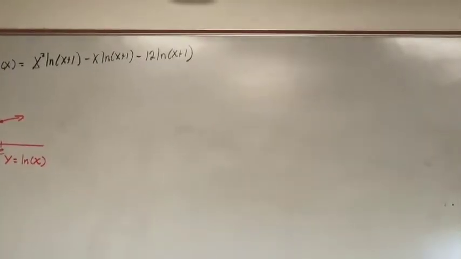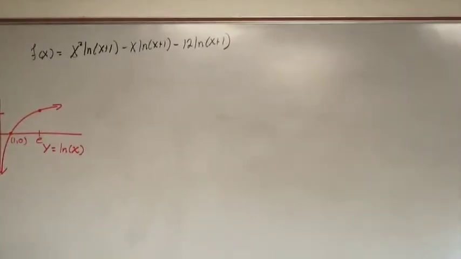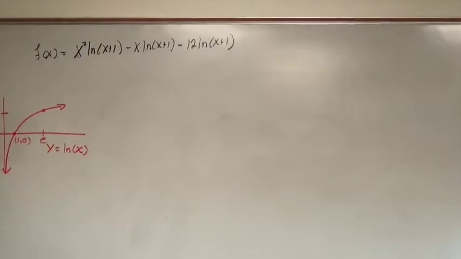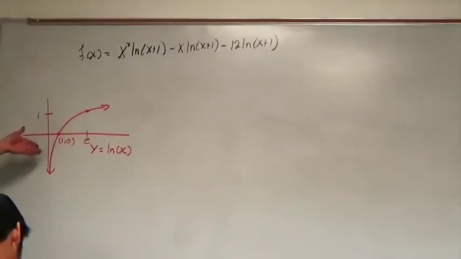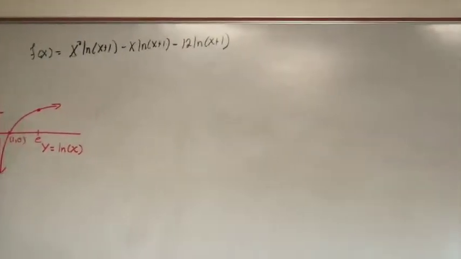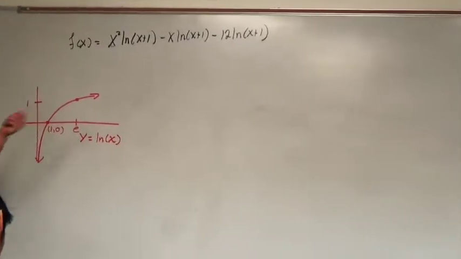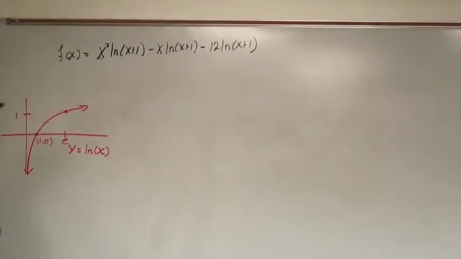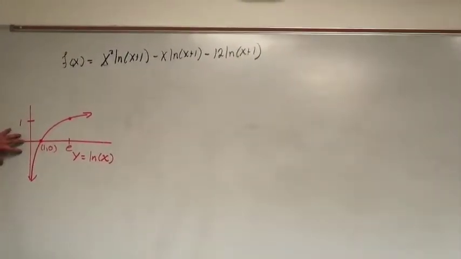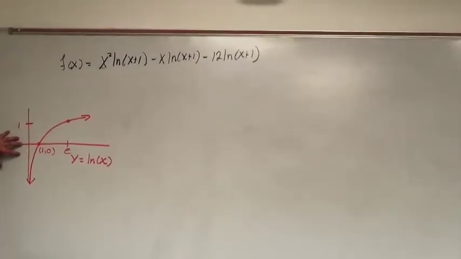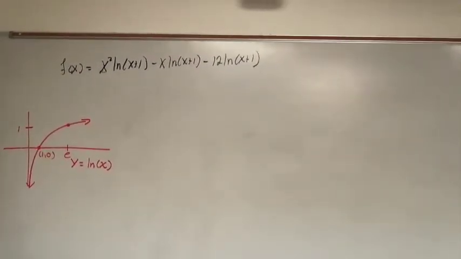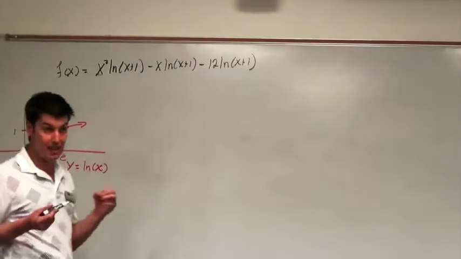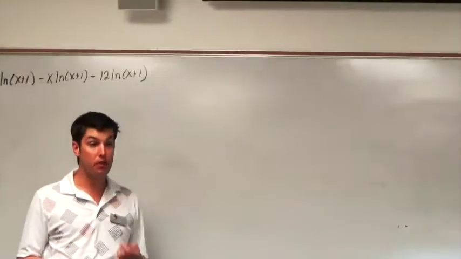So again, start with the domain. What this graph tells me is that the domain of the logarithm function is when the inside is positive. Here we don't see any function to the left of the y-axis. So the domain of a log is all values of x that make the inside of the log positive.